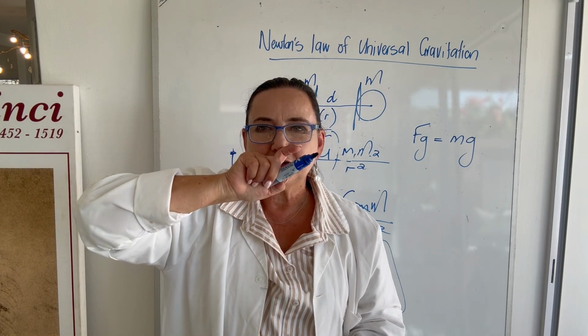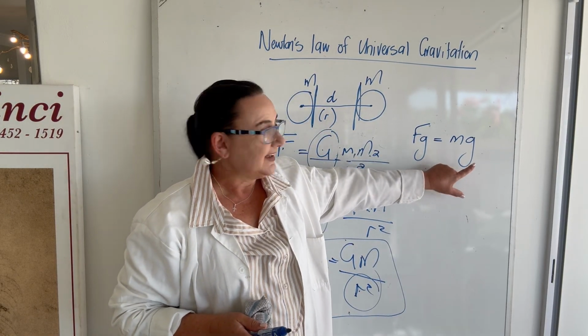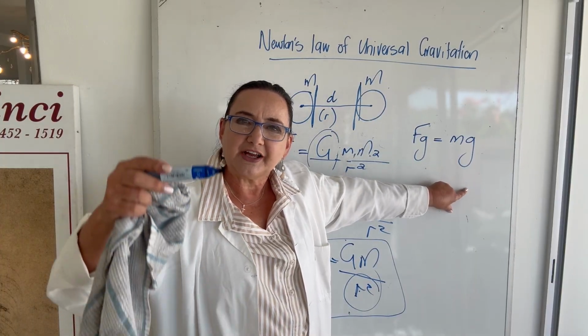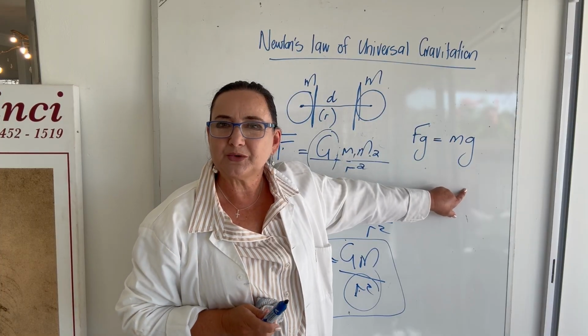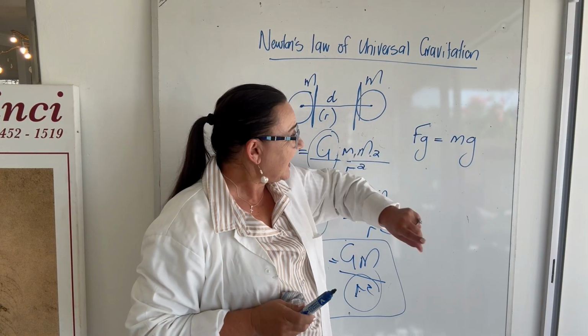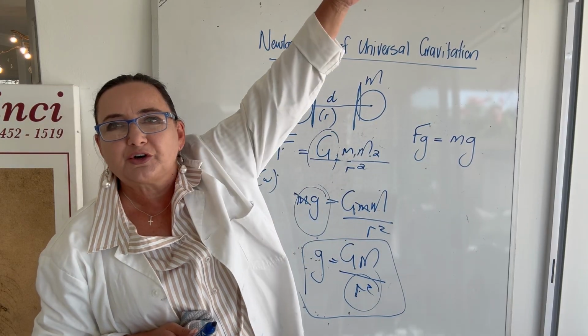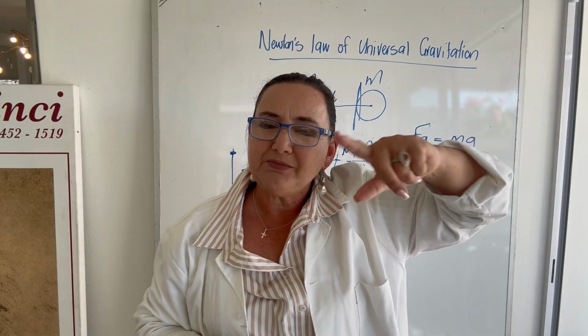A lower value. So if g becomes less the further I go away from Earth, it means, girls, that's a way to lose weight. I can weigh less if I just have to be far away from the center of Earth. Because then g becomes lower.